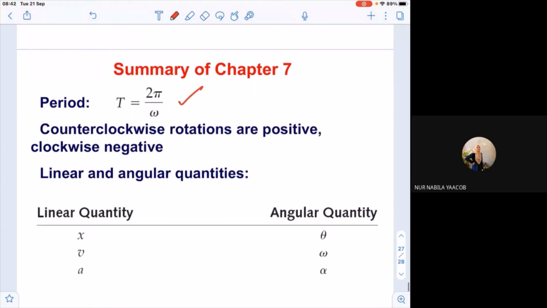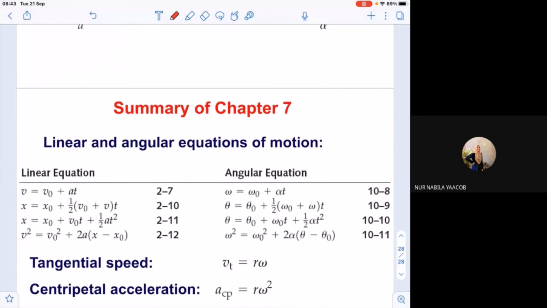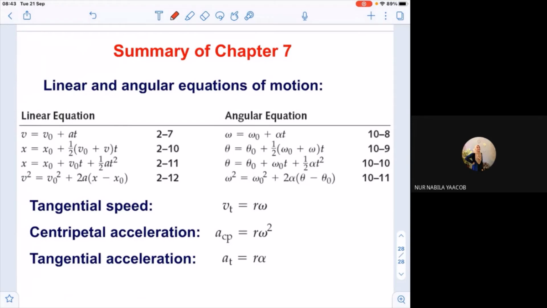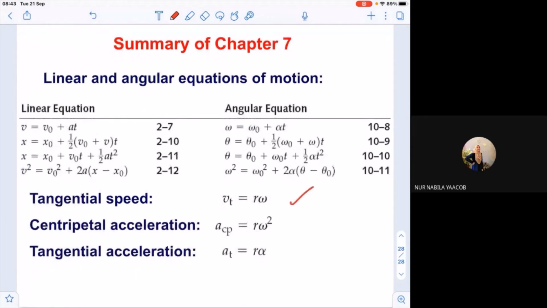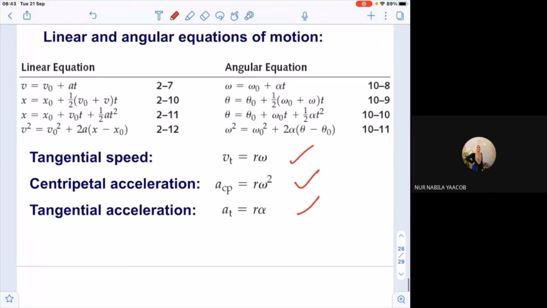Then we learn about the comparison of linear and angular quantities together with the linear and angular equations. And lastly, tangential speed, tangential acceleration, and also centripetal acceleration. Let's take a break for a while, and we will continue on the next topic.